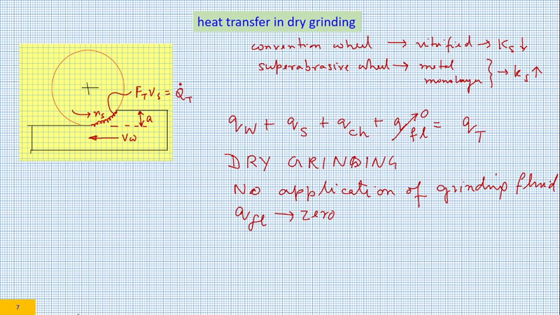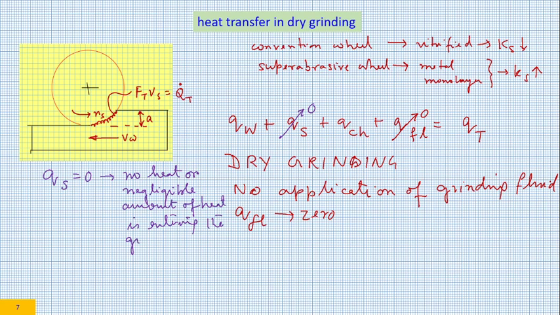Another interesting thing will happen: somehow, for certain situations, this QS will become 0. What is the physical meaning of QS becoming 0? That is, no heat or a negligible amount of heat is entering the grinding wheel.